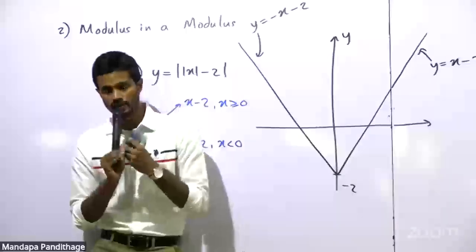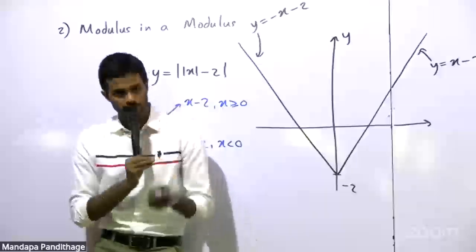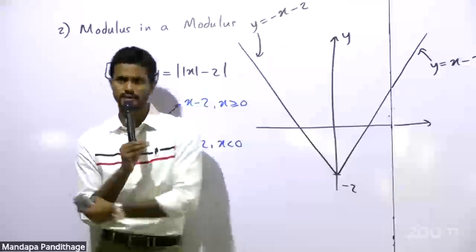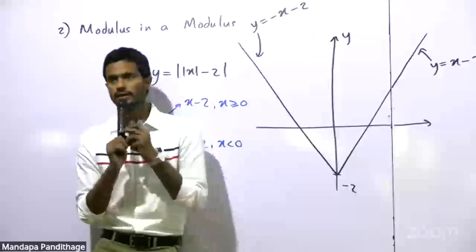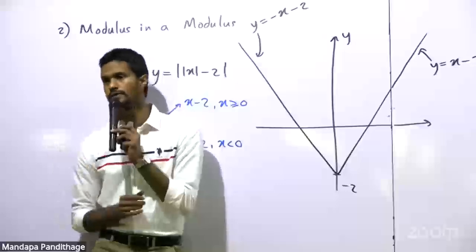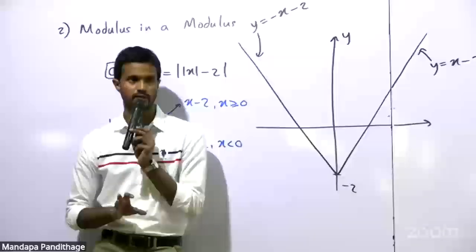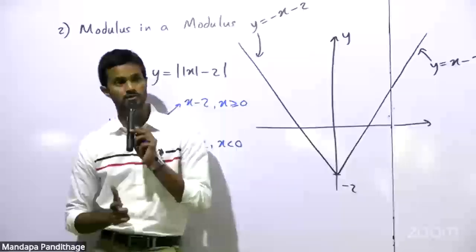Either x is replaced by 2x, or x over 2, or x plus 1, or 3x. It can be any substitute, such as x replaced by x minus 2 or x plus 2.